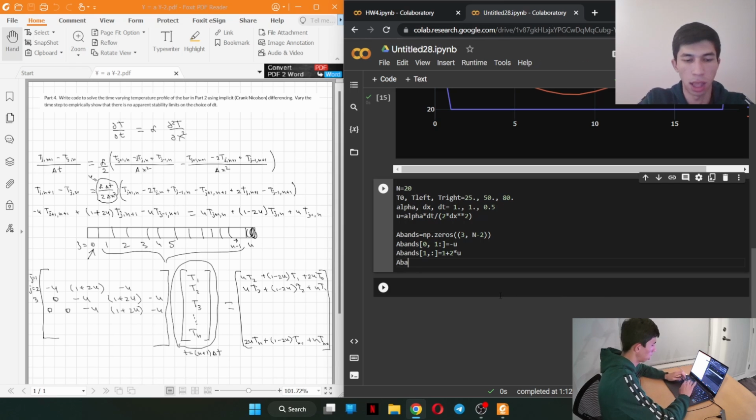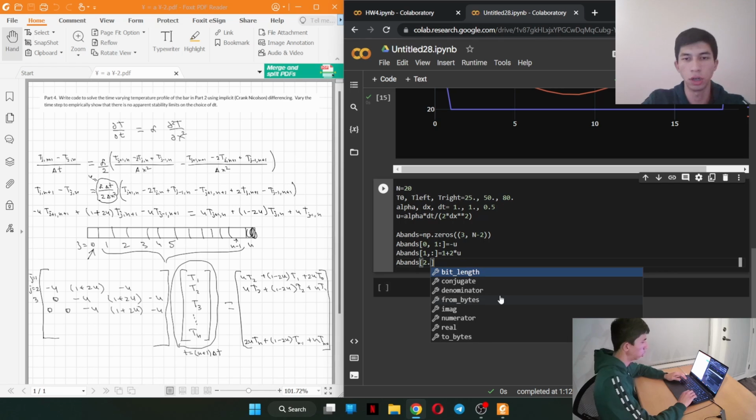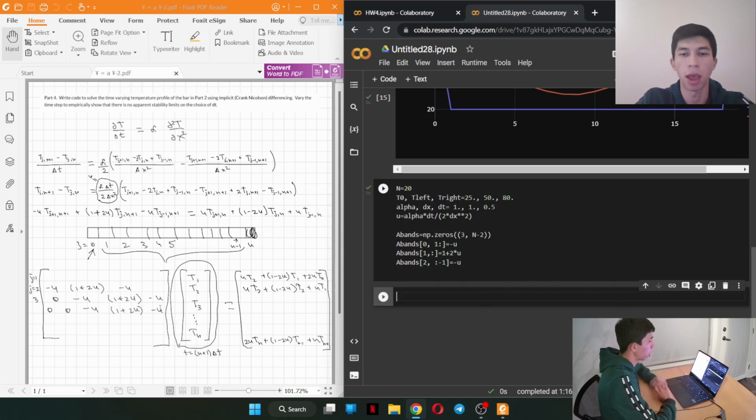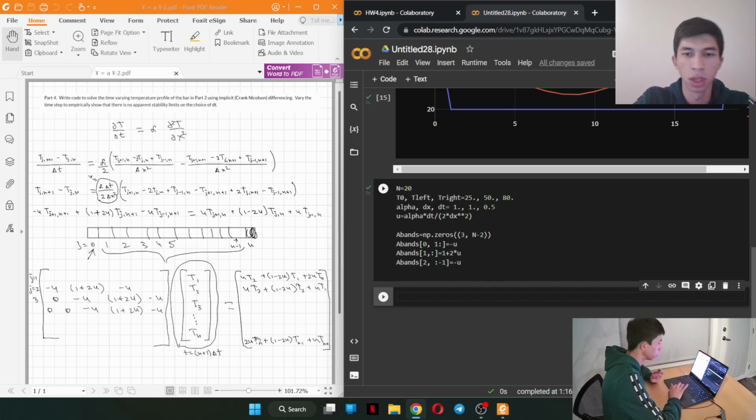And the third row: because Python indexing starts from 0, 2 is going to be our third row. That's going to be the negative u this way, so it's going to be the numbers starting from 0 till the negative 1. Okay, now I have all my bands, the matrices in here.